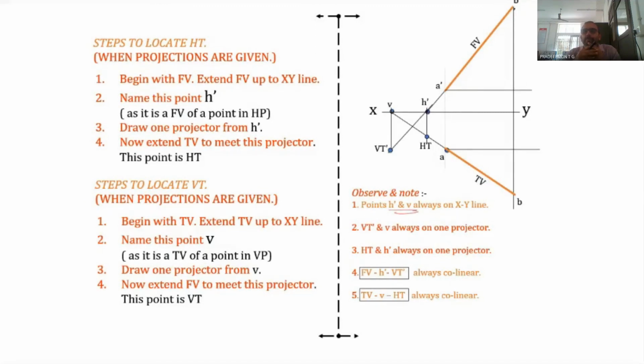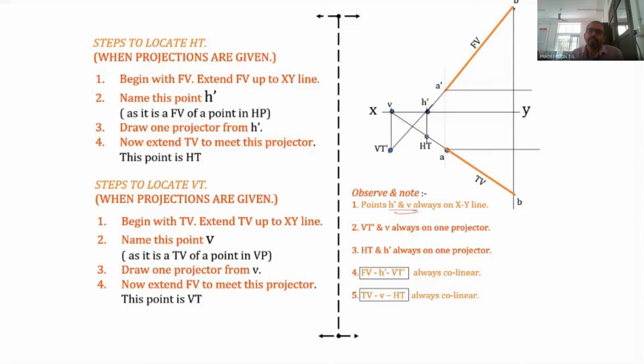So this also you may have to remember. And then the next condition: this is the top view, and HT and V, all these points are on the same straight line.